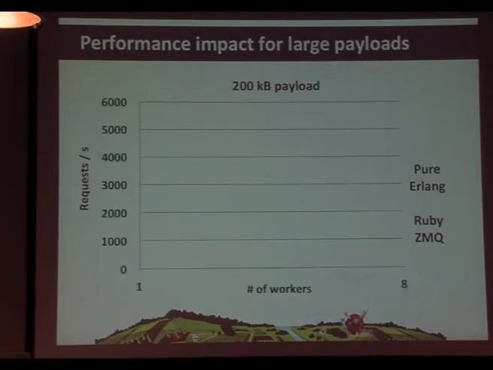And so we measured the system, how many requests per second it could support. We also did a couple of test series with different numbers of workers. This whole thing was run on an 8-core machine, so we varied the number of workers running between 1 and 8. And that's what it looked like for Erlang. Even with this larger payload, we could easily support something like 4,000 or even more requests per second.